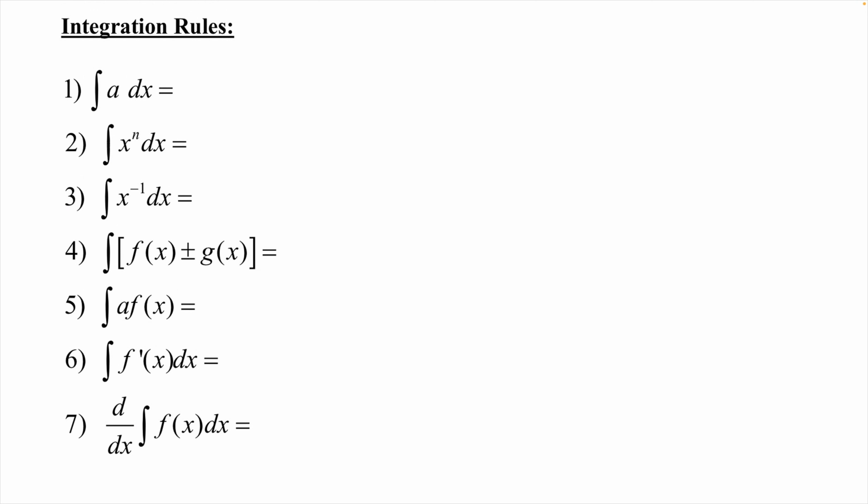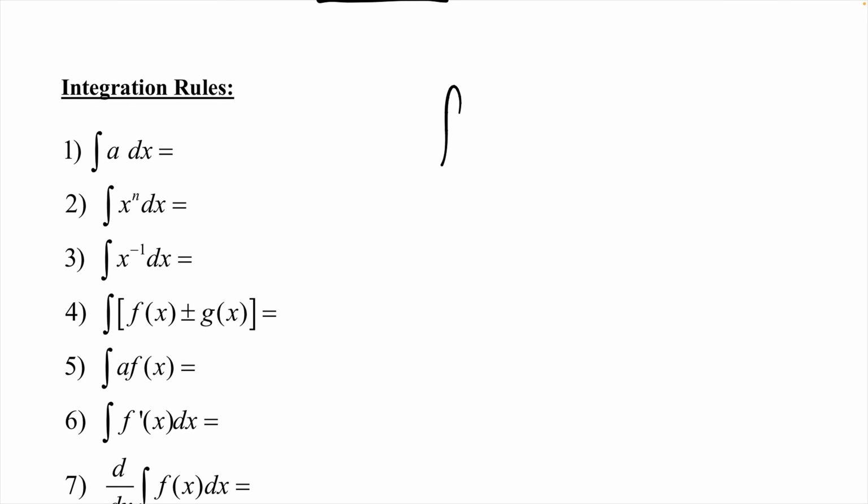If it's like the antiderivative of 4, it doesn't have a power, right? So you just give it a power. So it would just be a to the x plus c. If it doesn't have a letter, just give it a letter, plus c, you're done.